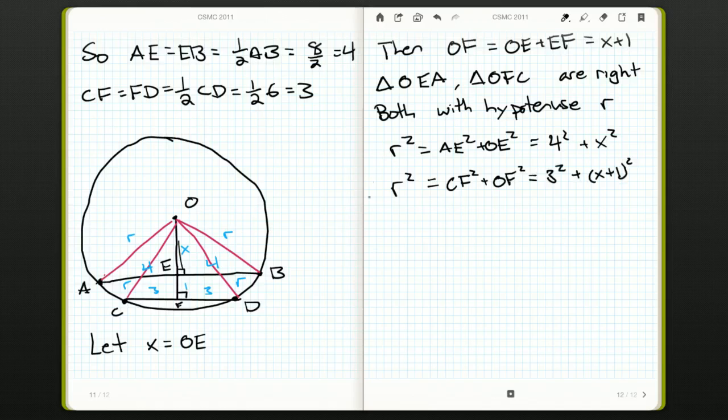So we have two equations and they both equal r squared. That means we can set them equal to each other. Right? If two things are equal to the same thing, then they must themselves be equal.